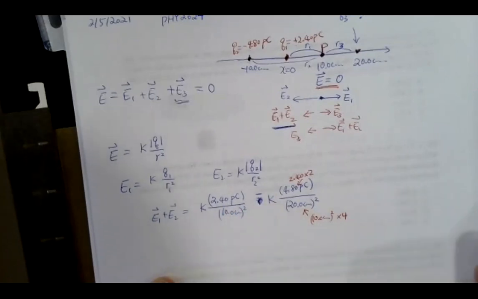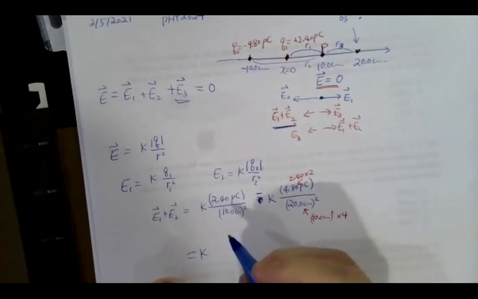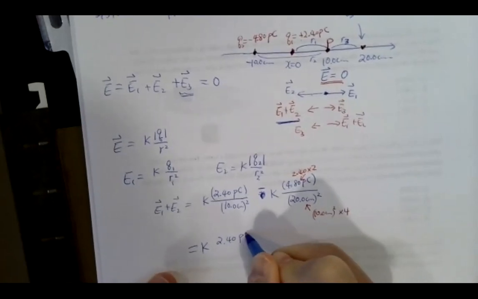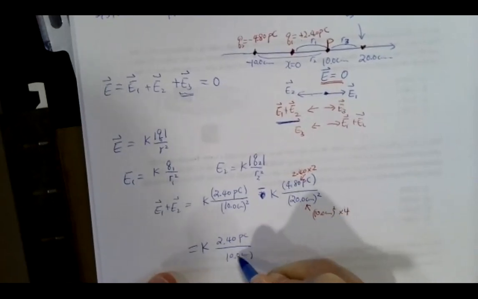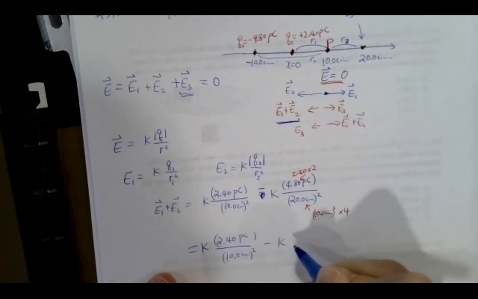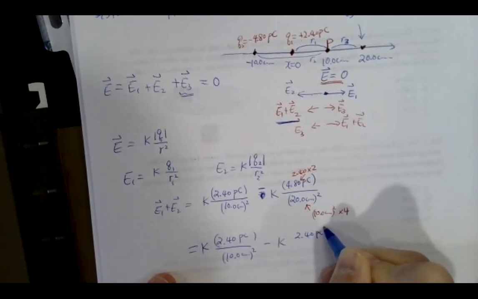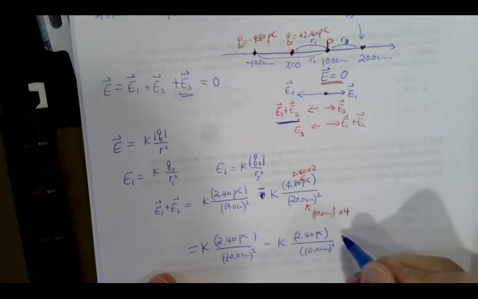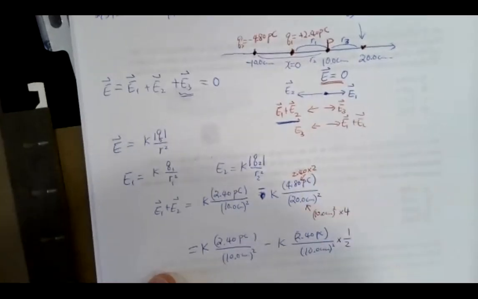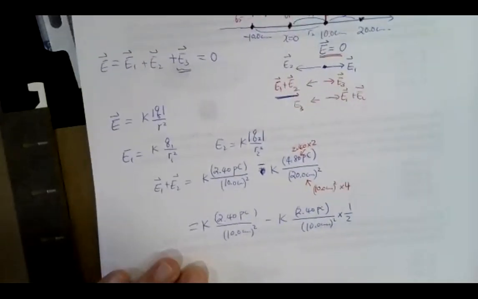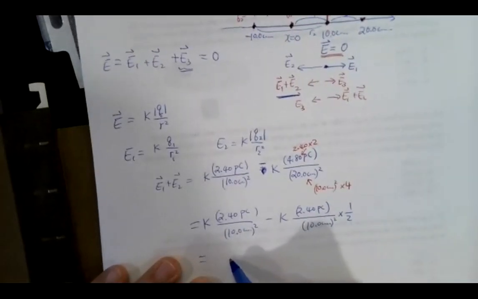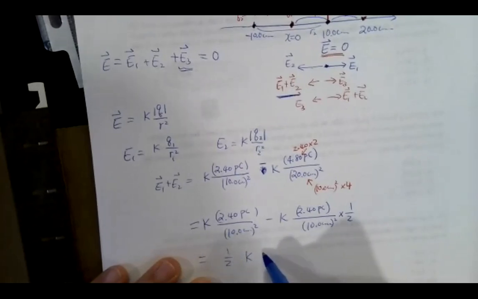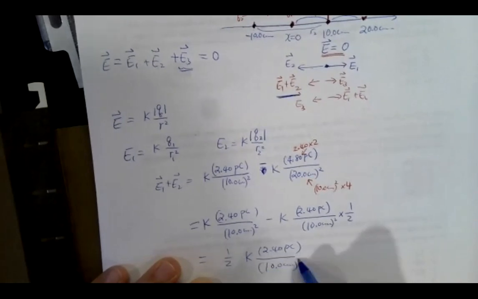So this is K 2.4 PC over 10 centimeters squared minus K times 2.4 PC divided by 10 squared, and then multiplied by 1/2. The 1/2 comes from 2 over 4, okay? So then this would be just 1/2 of K 2.4 PC over 10 centimeters squared.